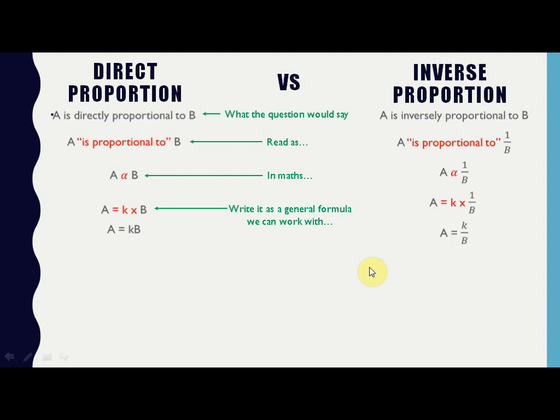So this is the total overview. In direct proportion, between K and the variable is a multiplication sign, and in inverse proportion between K and the variable is a divide sign.